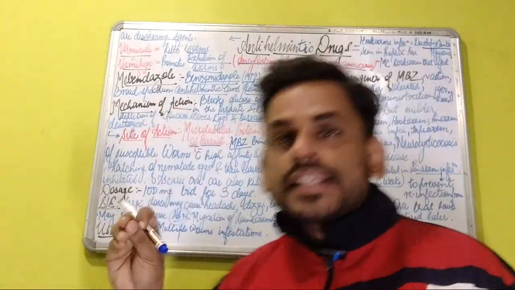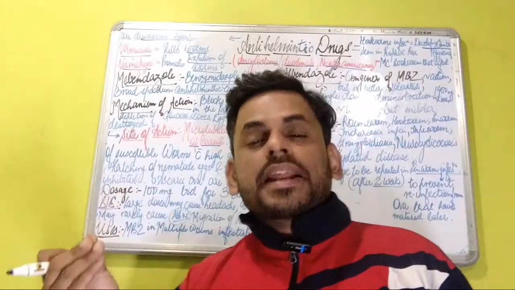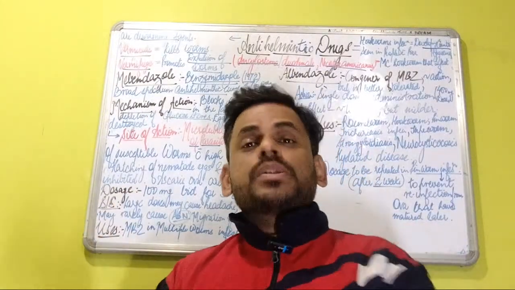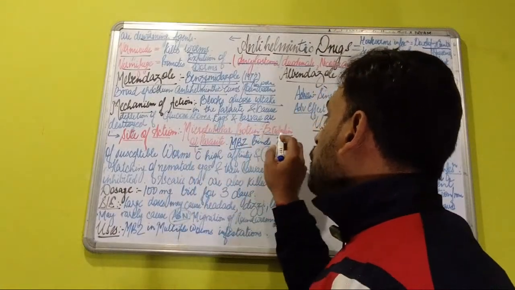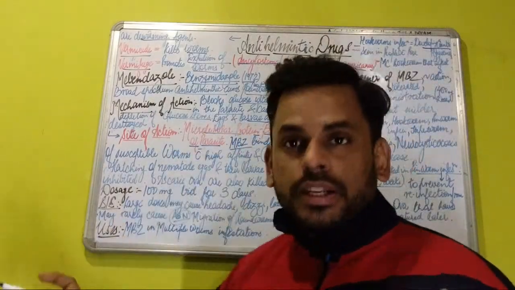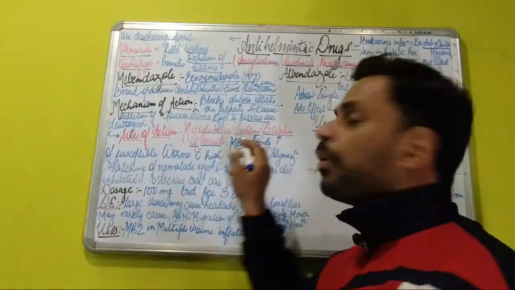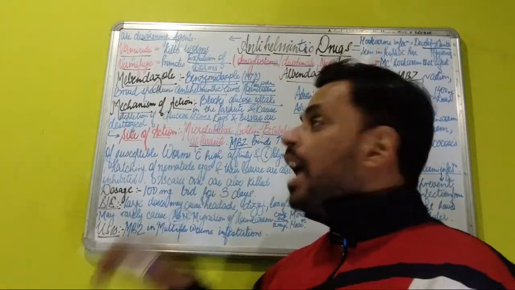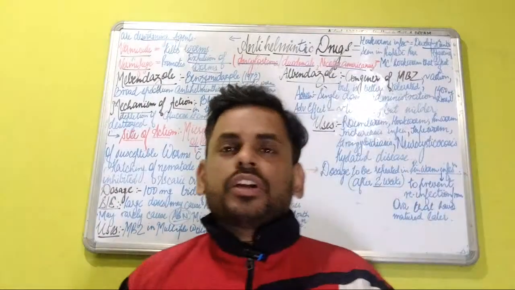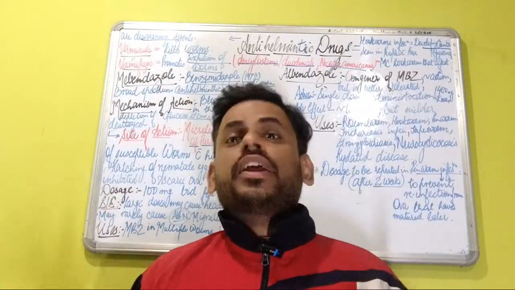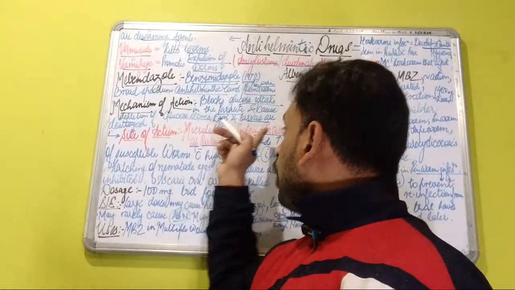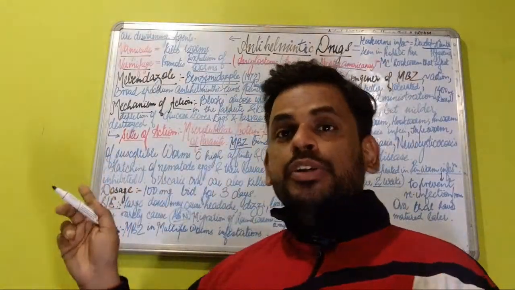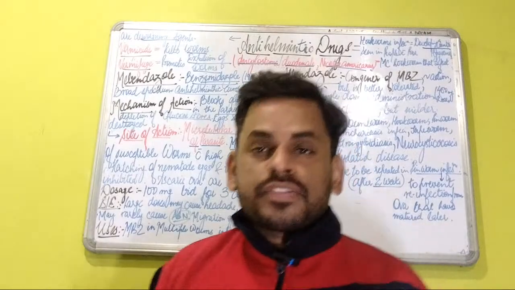And when we look at the site of action, these parasites have in their cytoskeleton a certain kind of microtubular protein called beta tubulin. This beta tubulin protein of the parasite is very important for the structural strength of these parasites. Apart from this, the microtubules help in the process of cell division.